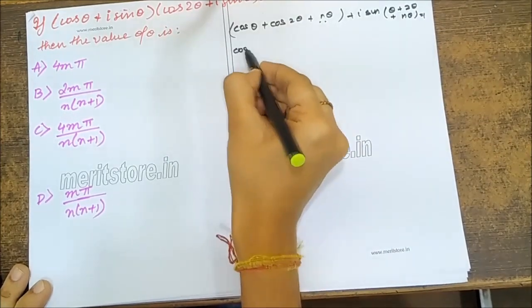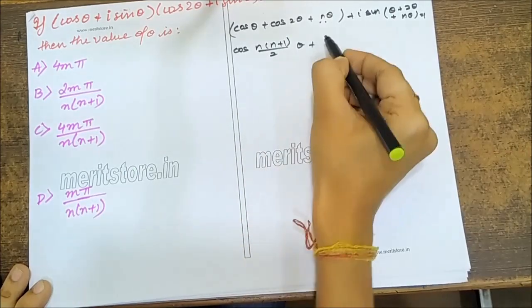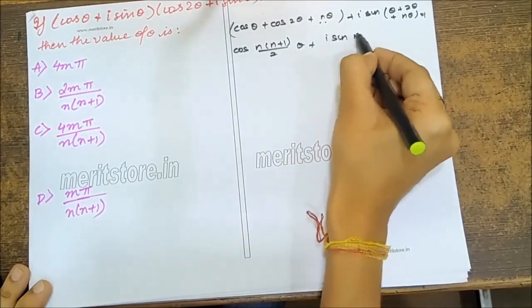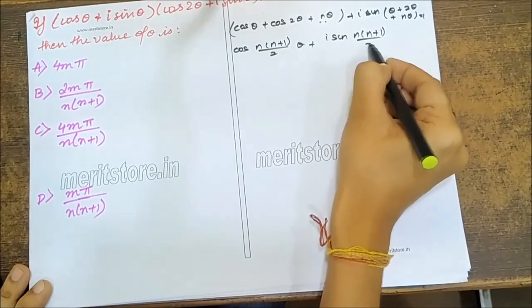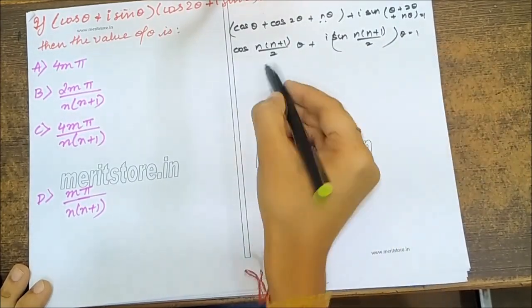So cos of n into n plus 1 upon 2 theta plus i sin of n into n plus 1 upon 2 theta is equal to 1.